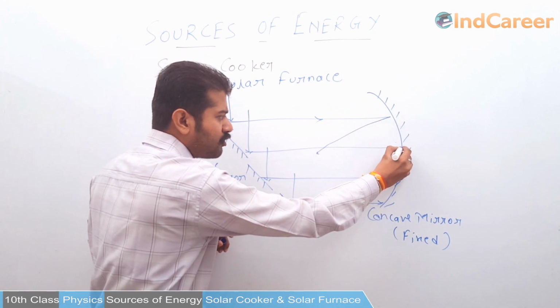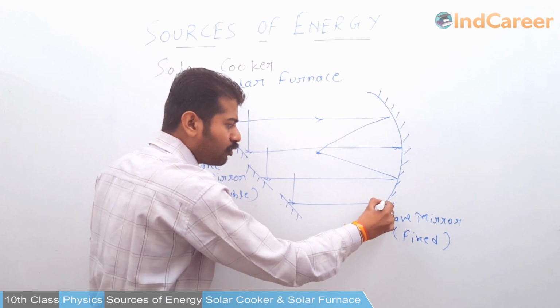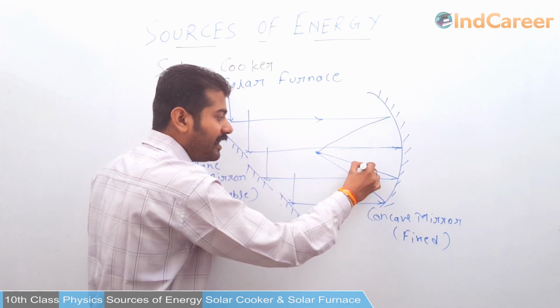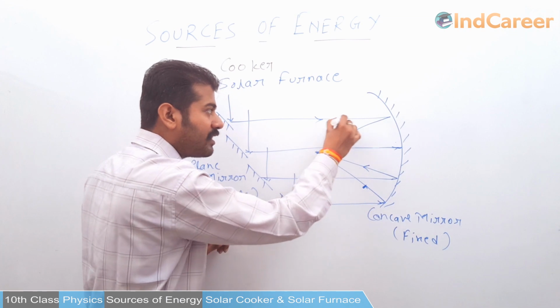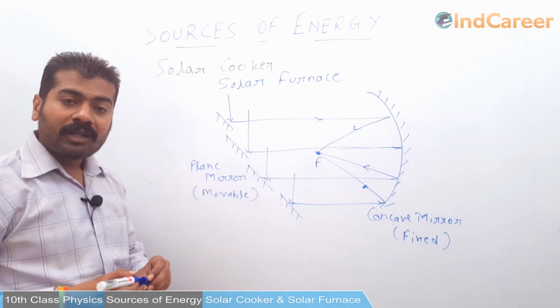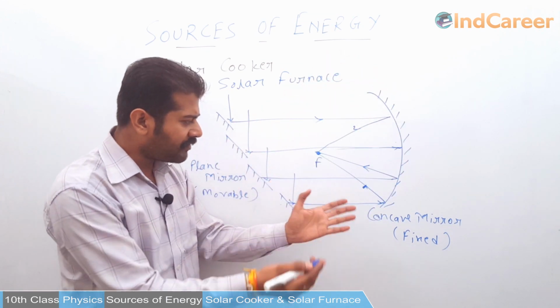All the solar radiations falling on the concave mirror are reflected or focused at a particular point, and that point is generally called the focus point of the concave mirror.